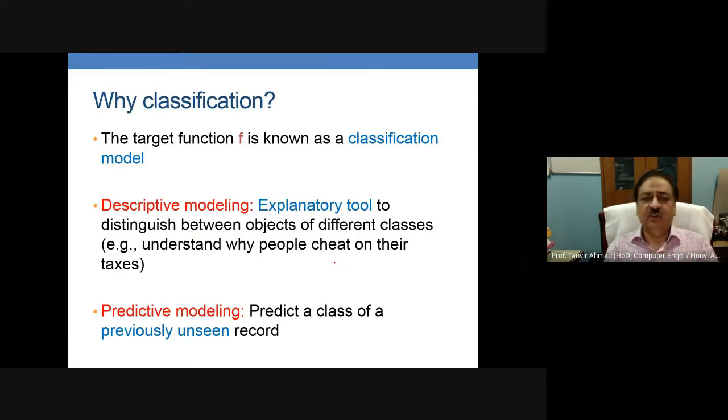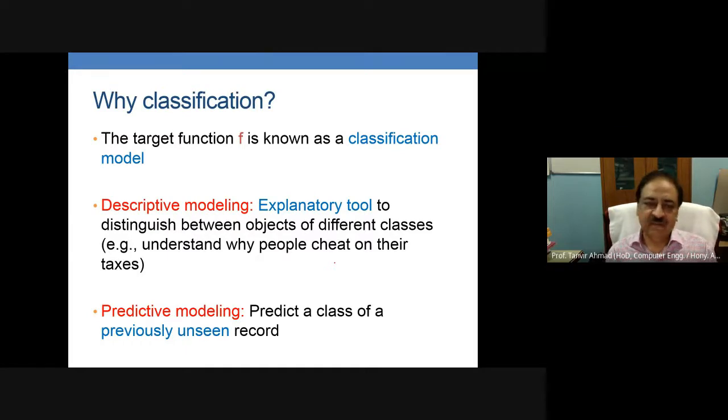Whenever we do descriptive modeling, we are using an exploratory tool to distinguish between objects of different classes. For example, we want to understand why people cheat on their taxes. Whereas in predictive modeling, we can predict the class of a previously unseen record. Therefore, we are trying to perform predictive modeling.